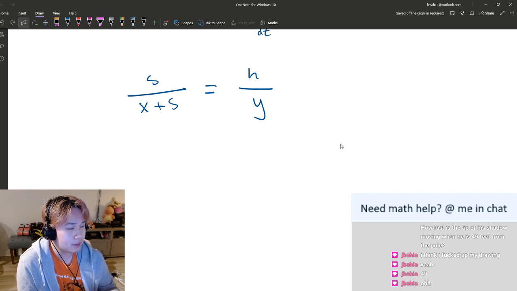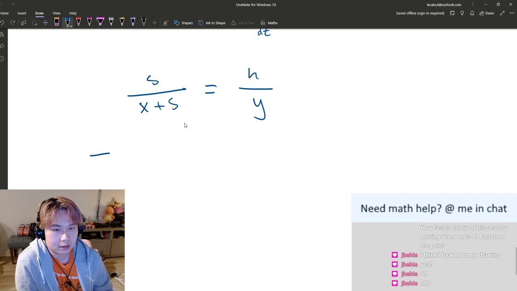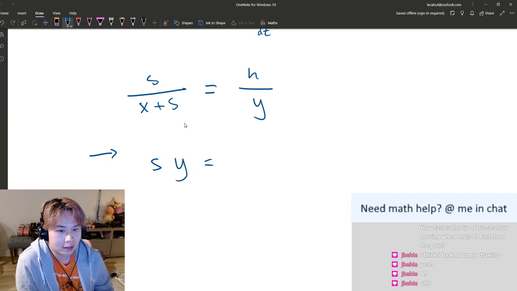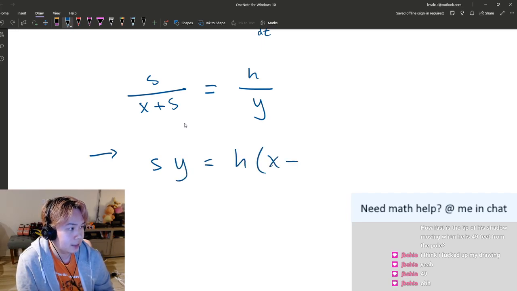And honestly, I don't know if this is the best setup, so maybe we'll change it to a different ratio. Or you know what? Instead of doing quotients, I hate quotients. Let's change this to a product. So then this says s times y is equal to h times x plus s.